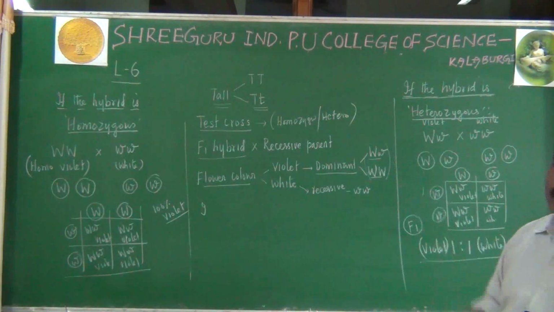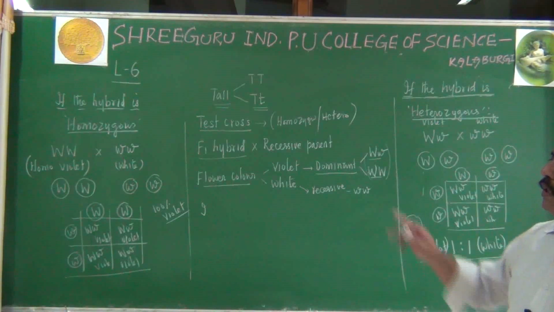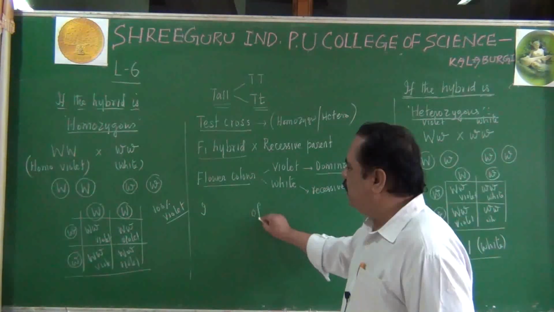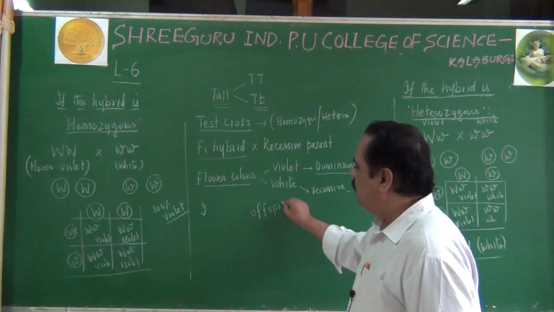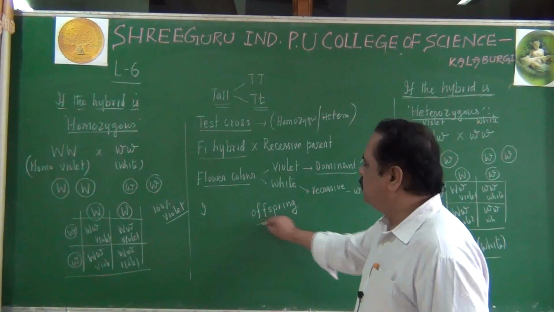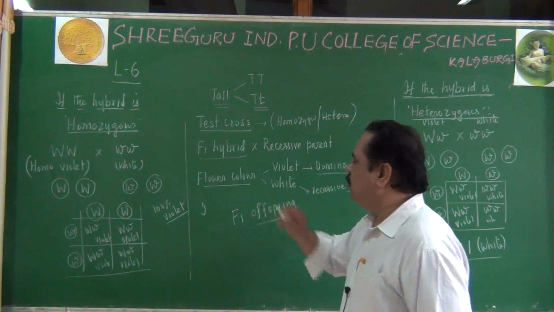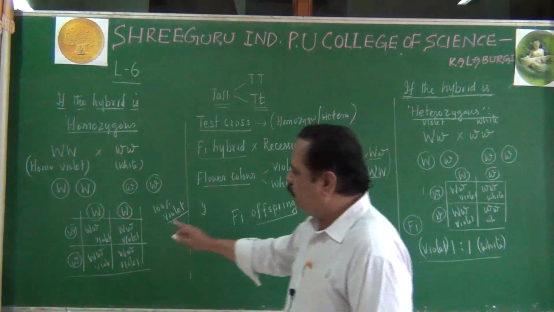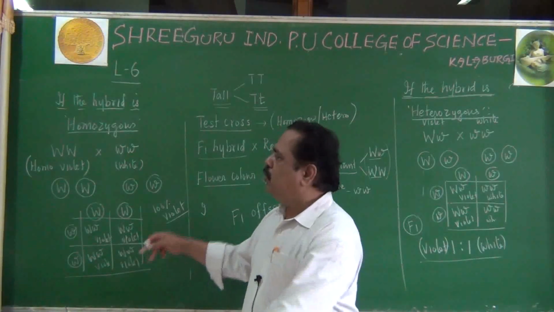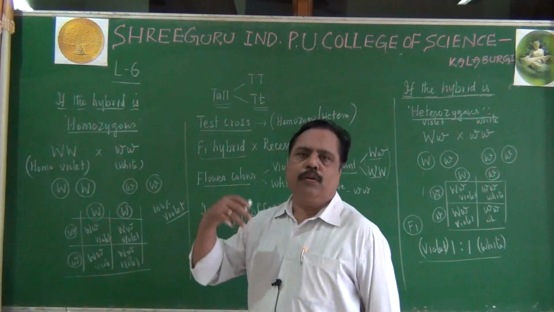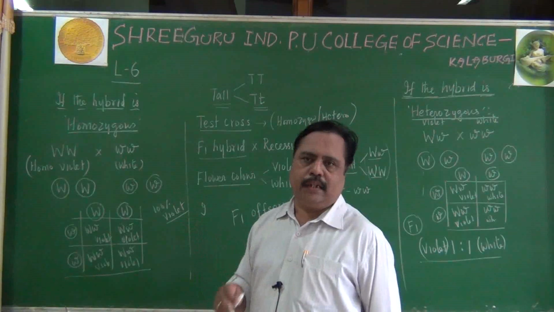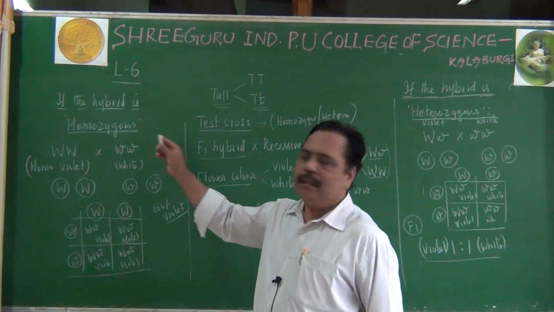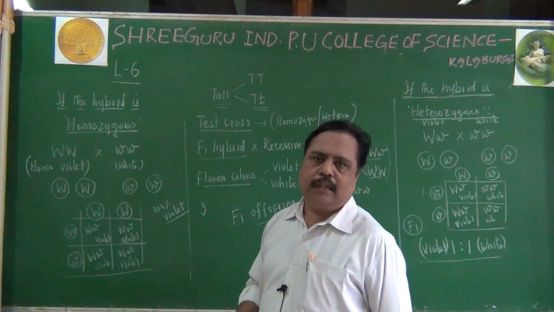And another point is, in test cross, you are going to see only the offspring, not the F2 generation. We are going to see only the F1 offspring. So, by seeing the F1 offspring, you can find out the unknown genotype of the parent. By observing children, you can say about the parent. That is called a test cross, remember.